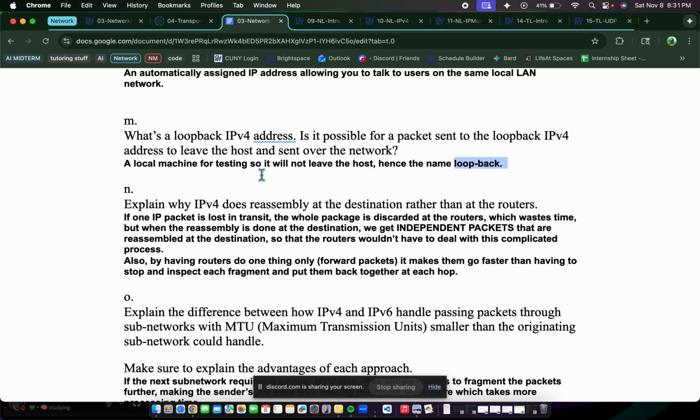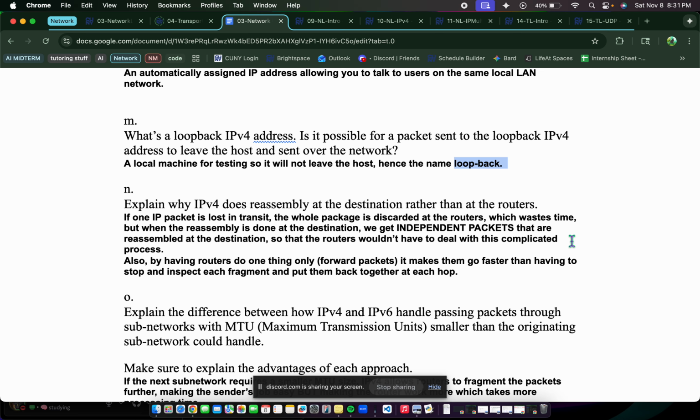Explain why IPv4 does reassembly at the destination rather than at the routers. So instead of assembling them right at the routers, this is not always the best way of doing it, because if you lost one of your IP packets in transit, our whole message ends up getting discarded at the routers, and this ends up wasting a lot of time.